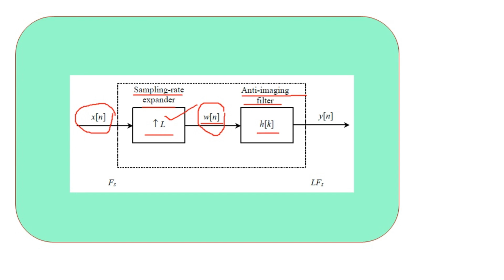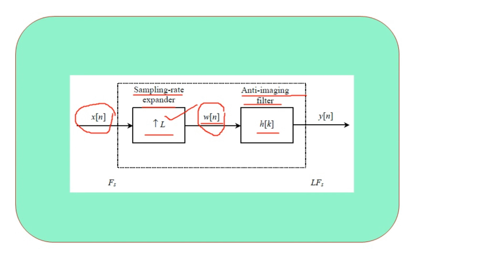In the Z domain or in the Fourier domain, the same filter function can be denoted with capital letters. For the Z transformation domain it is capital H of z. For the Fourier domain, that is the frequency domain, we denote it as capital H of either the angular frequency omega or simply f.